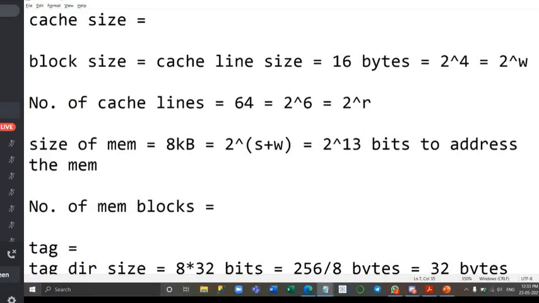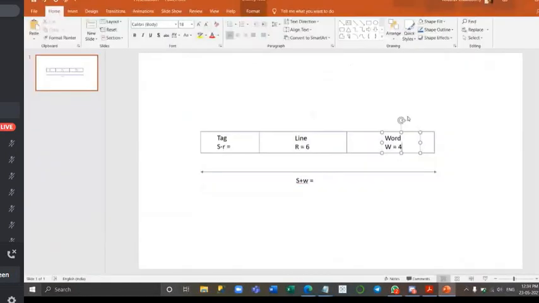So my main memory is 2 to the power 13, hence my address length is 13 bits. Out of 13 bits, I have 6 bits allocated to the line, 4 bits allocated to the word. The remaining 3 bits will be allocated to the tag. So my split becomes 3, 6 and 4.